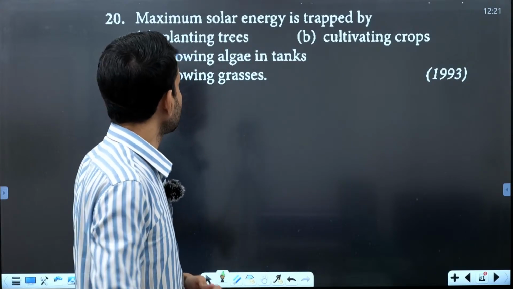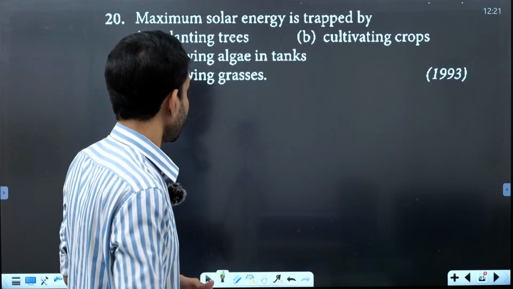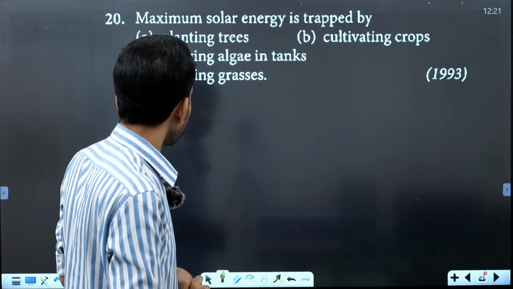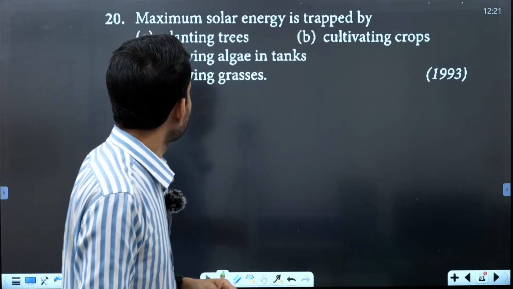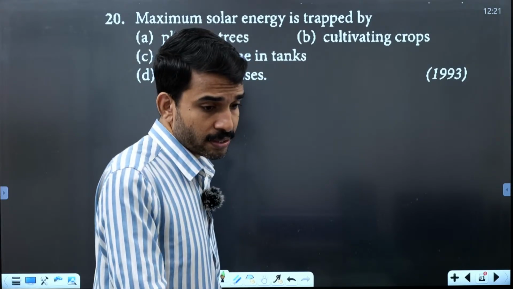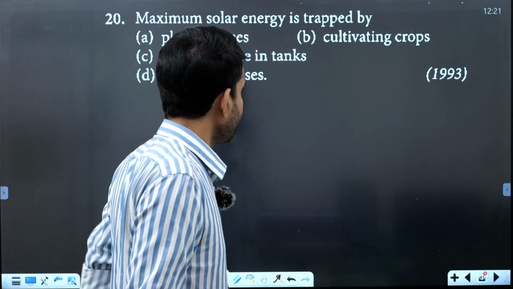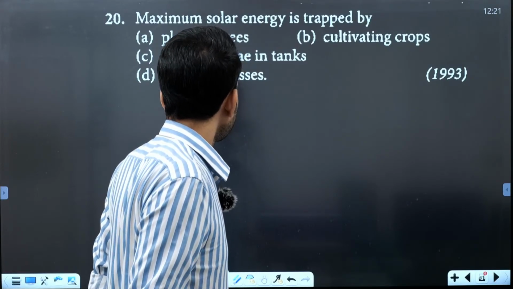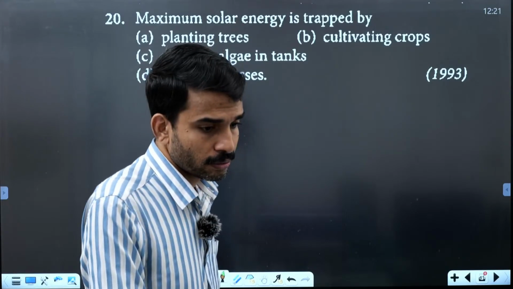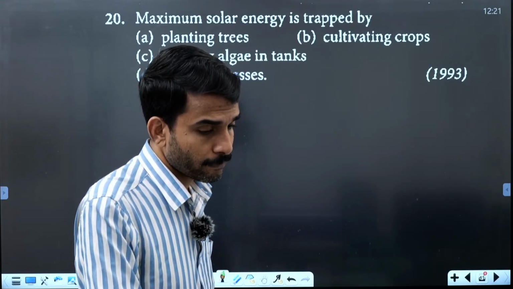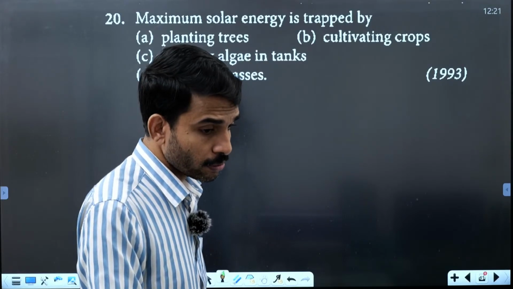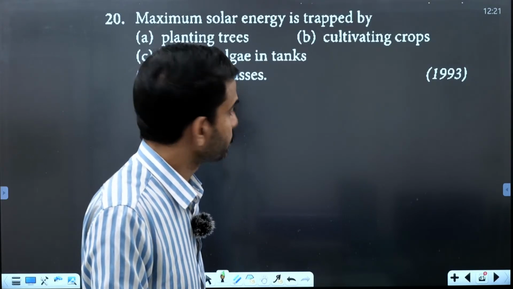Next one. Maximum solar energy is trapped by: A. Planting trees, B. Cultivating crops, C. Growing algae in tanks, and D. Growing grasses. So where that photosynthetic rate is more, we'll guess it, then we will give an answer.